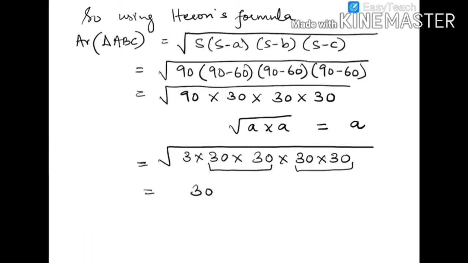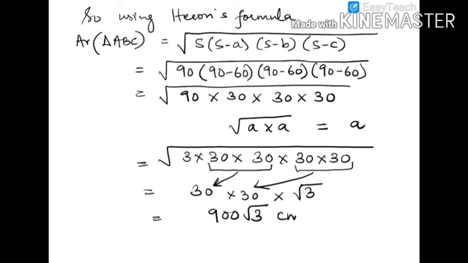So 30 into 30 into, now 3 is single, so we cannot find its square root, so we will leave this number as root 3. Multiplying the rational part, we get 900 root 3 centimeter square as the area of equilateral triangle ABC.